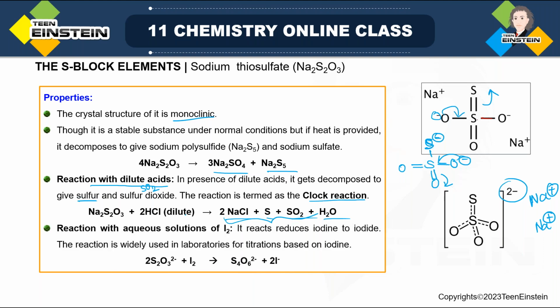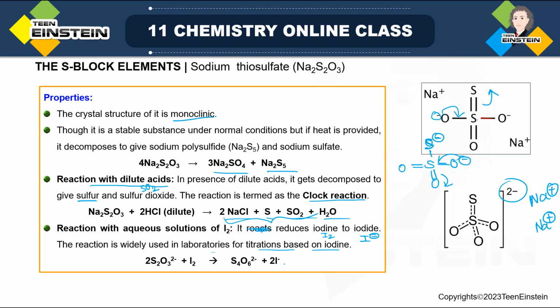Reaction with iodine. Now this reaction, you will see its application in the redox chapter several times. It basically reduces iodine to iodide. Iodine means I2, iodide means I minus. So as if it is feeding electrons to iodine. It is widely used in laboratories for titration based on iodine.